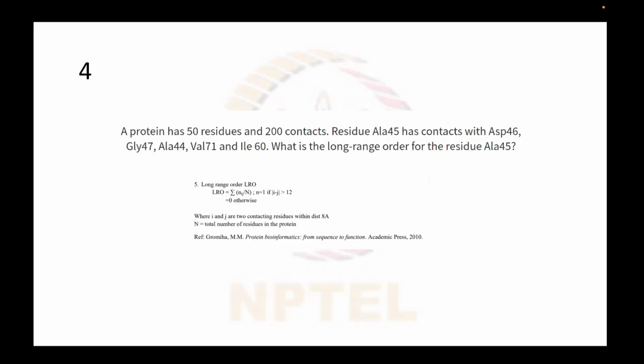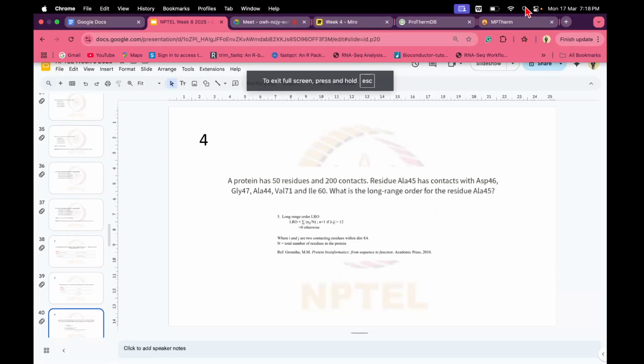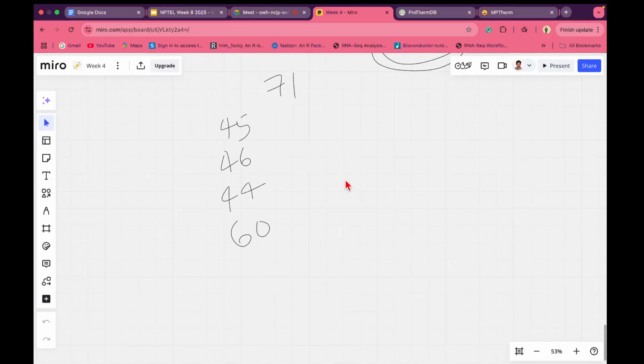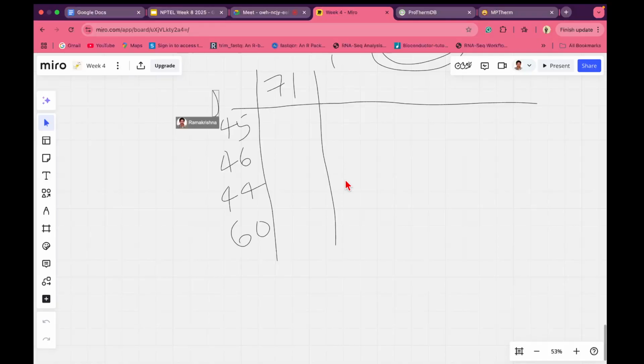Considering valine 71 has contacts with alanine 45, aspartic acid 46, glycine 47, alanine 44 and isoleucine 60, what will be the long range order of this residue? Okay, let's move back here. So let's calculate the separation. Consider this as i, and the j values are given in a column here. First we have 71 minus 45, which is 26.